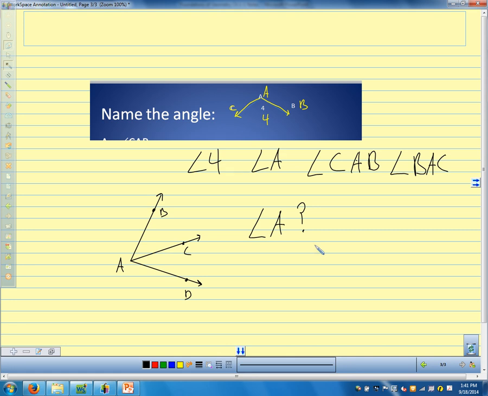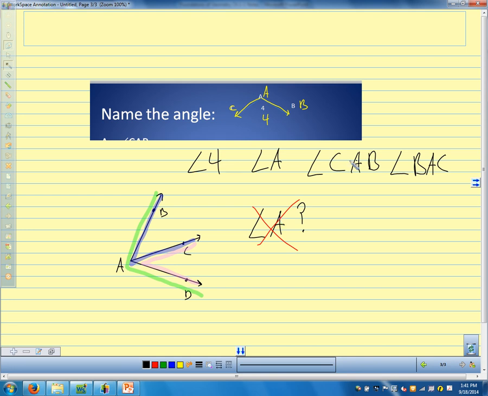How many of them are there? 3, right? I have that angle, I have that angle, and I have that angle that all have vertex A. So I can't say angle A because we wouldn't know which one we were talking about. So in this case, we would have to say angle BAC or angle CAD or angle BAD. So when a bunch of angles have the same vertex, we can't use just the vertex.